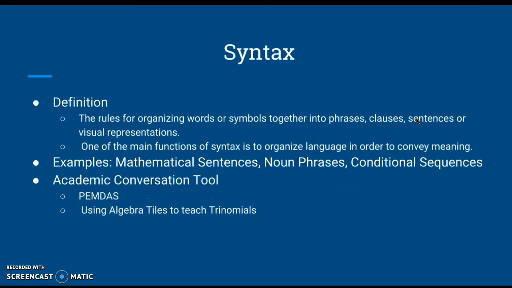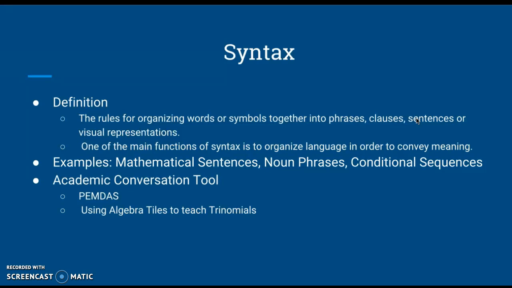Syntax is pretty much just the rules for putting words or symbols together into phrases. And one of the main functions of syntax is to organize language in order to convey meaning. So in mathematics, it could be a mathematical sequence, noun phrases, conditional sentences. Some academic conversation tools in math that we can use are things like PEMDAS, where there is structure and language conveys some meaning.